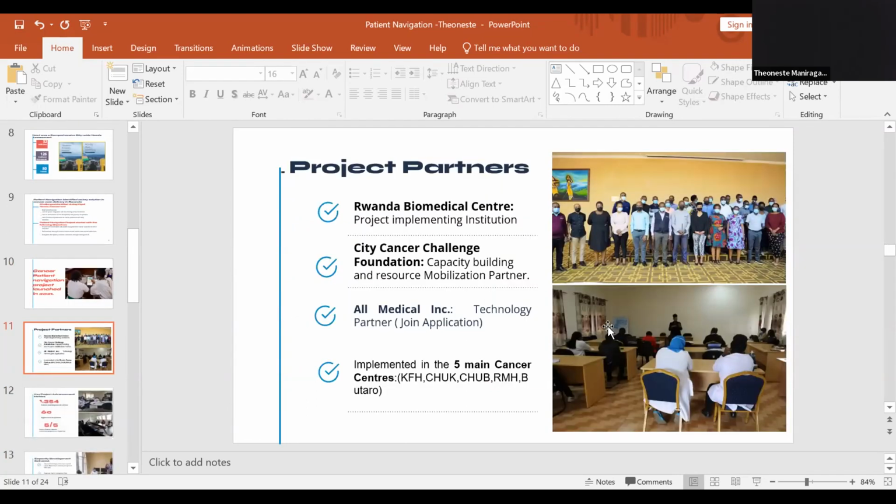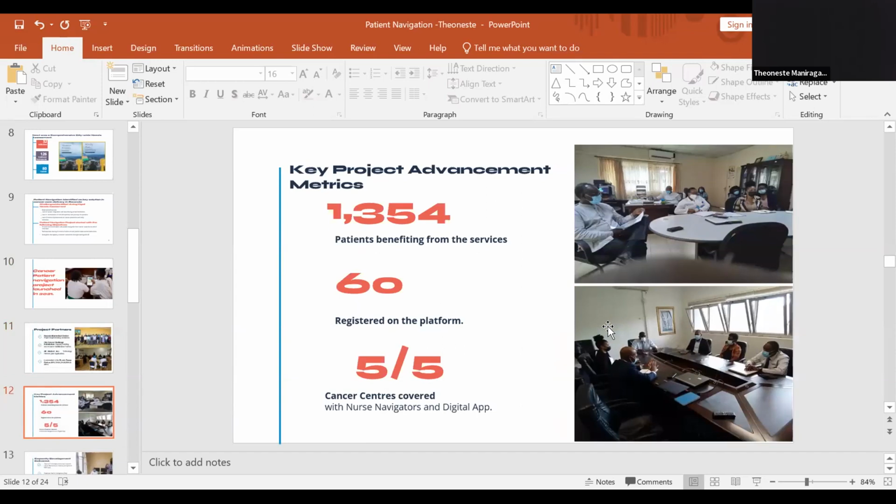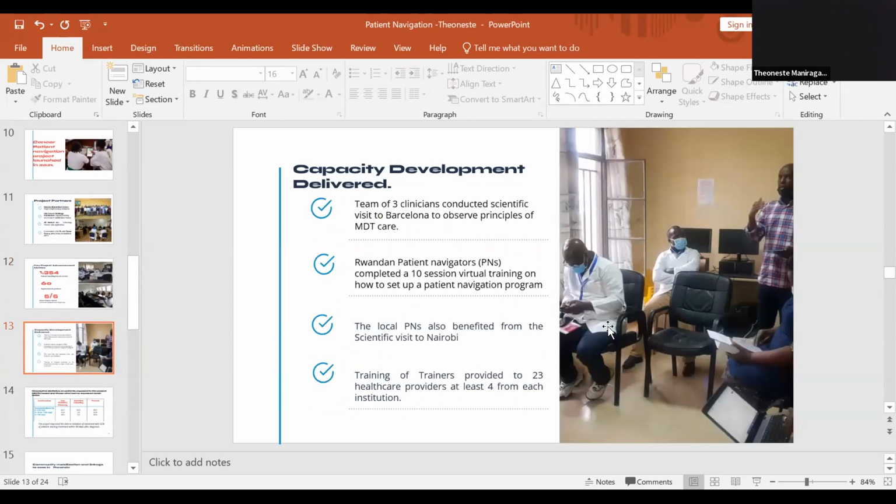These are the partners that I'm showing you, and the key project advancement is that 1,354 patients benefited from the services, and then 60 registered on the platform. 5 centers participated in all. These were the meetings that we ran to agree on the way forward, how we'll be working together. They were like capacity development.